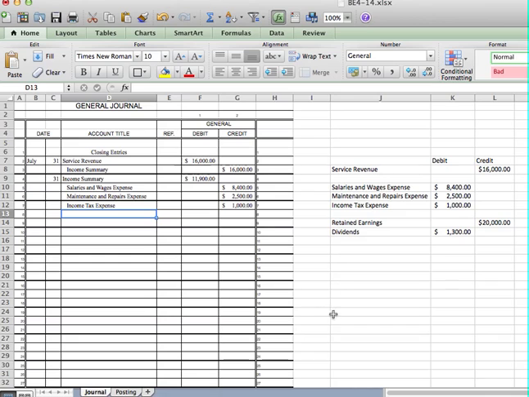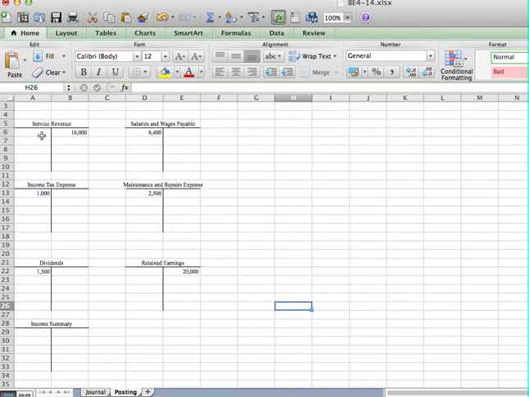Okay, and what I'm going to do now is to go back and post these into the different accounts so I can see what my balance of income summary is. So I'm going to click into the posting, and we debited service revenue for $16,000, and we credited income summary for $16,000.